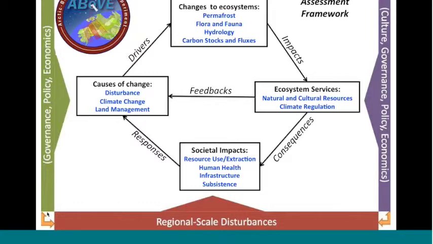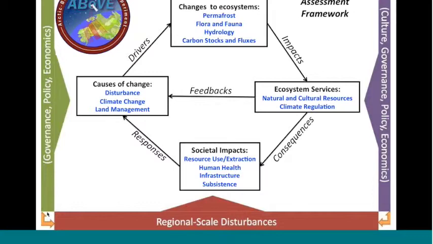So those include things like how we use resources, human health, infrastructure, subsistence activities, and in turn how society responds to those changes also feeds into additional changes, whether in terms of disturbance or climate change mitigation or adaptation, and land management activities.